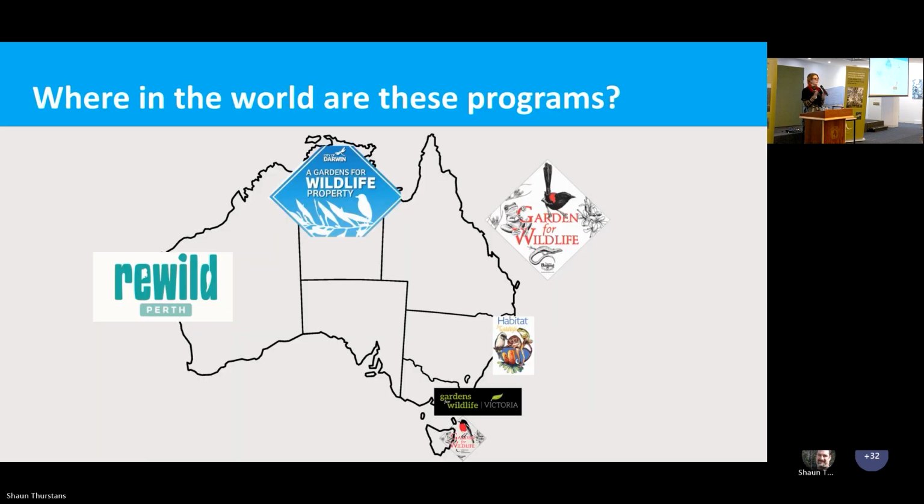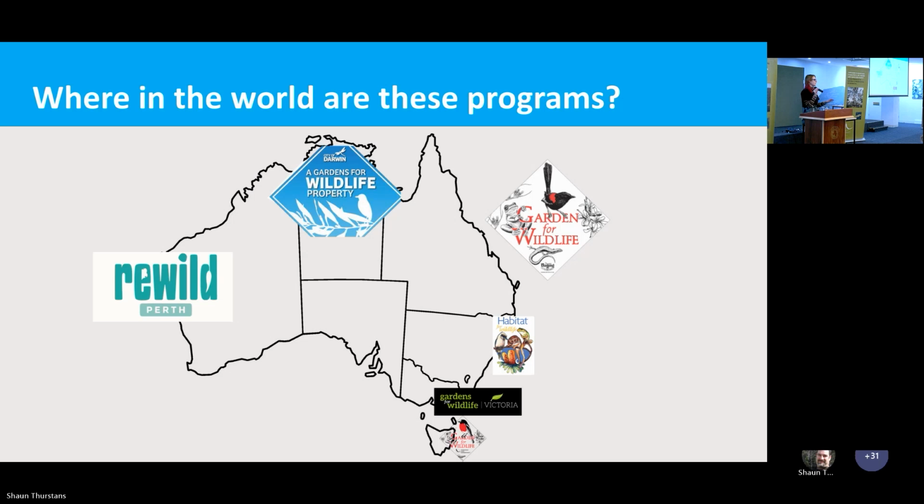So, where in the world are these programs occurring? I found that these programs were pretty common in the developed countries, with long-running programs in the USA and France, and initiatives in Africa and Latin America were more commonly focused on agricultural concerns over those of conservation. In Australia, there are community education programs in all 6 states and 1 territory, with only the ACT being unrepresented.